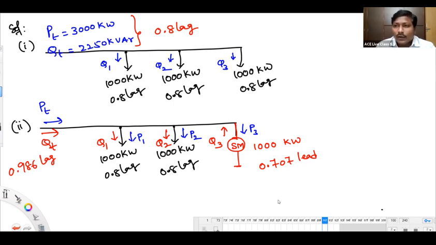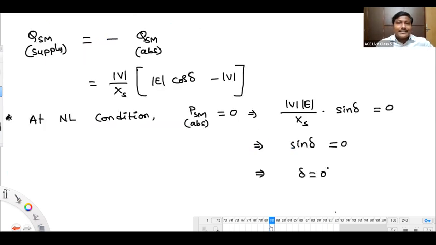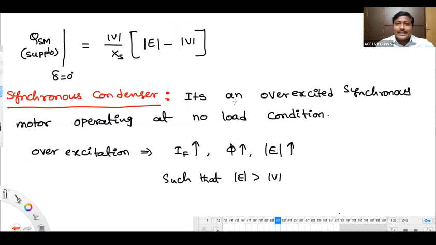Okay. Now, whatever synchronous motor you kept here, can we call it a synchronous condenser? No. It's not a synchronous condenser, right? What is the definition of synchronous condenser?